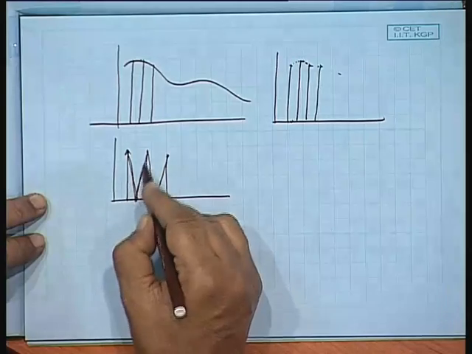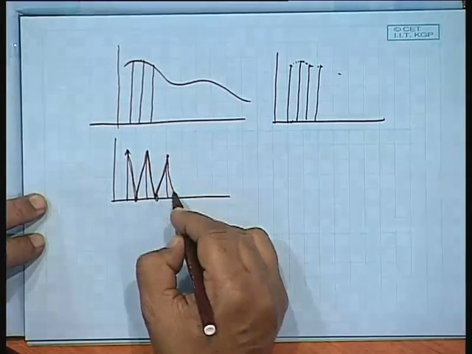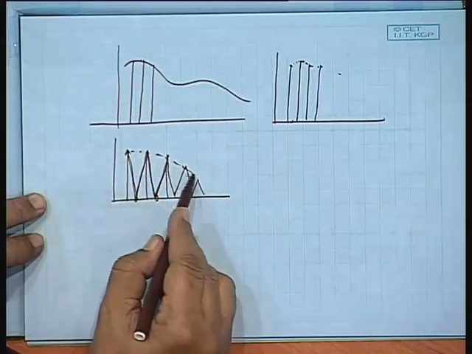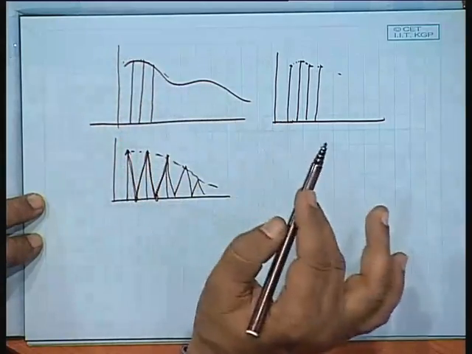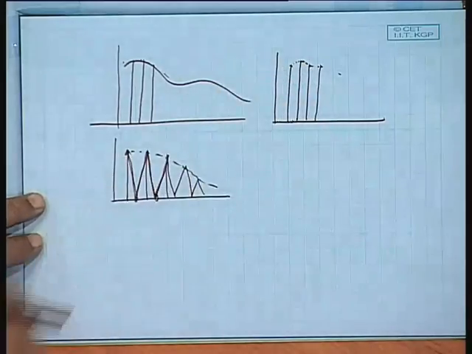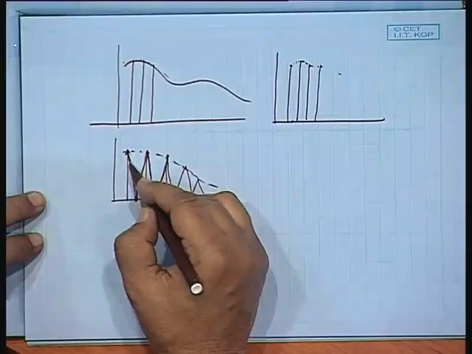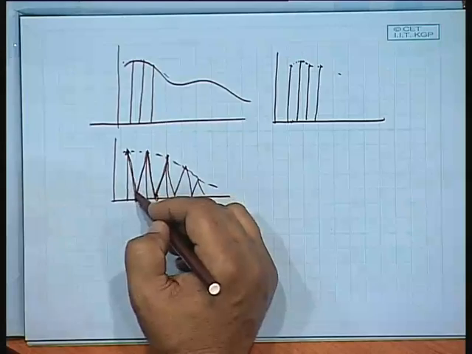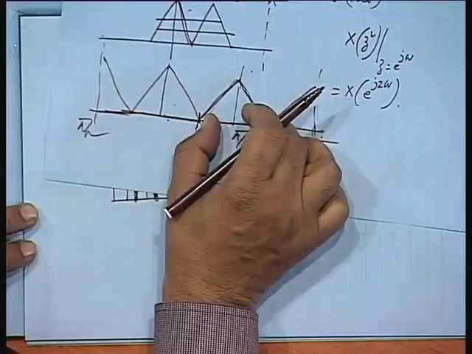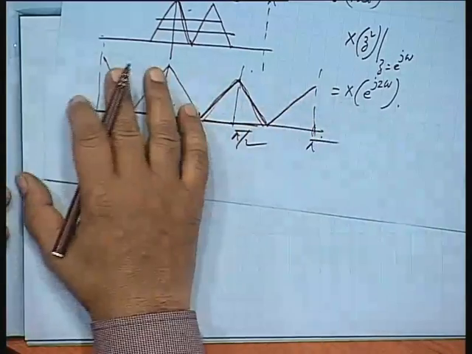So obviously this function will have an envelope which corresponds to the original analog signal, but it has very high frequency components. That means you are bringing about a very fast change in the signal value. From here it is falling to 0, then again shooting up to a high value. That very fast change will give rise to a high frequency image which has to be got rid of.